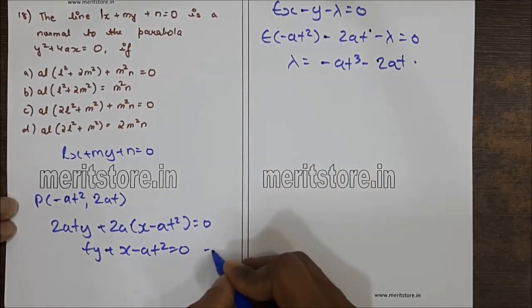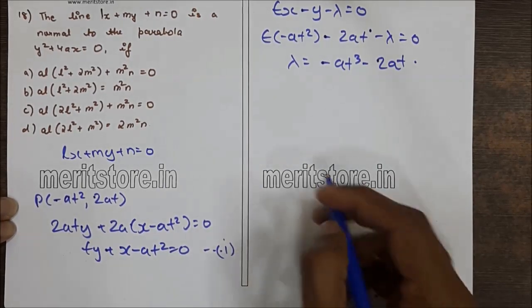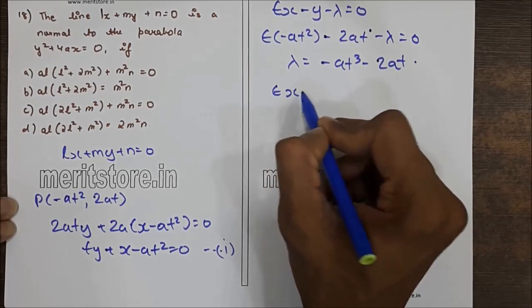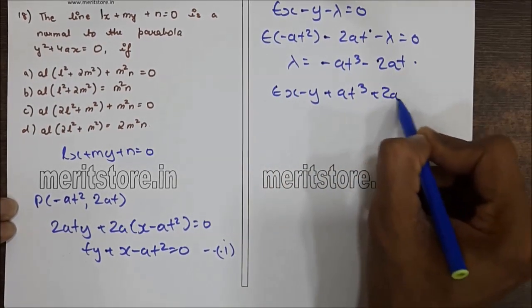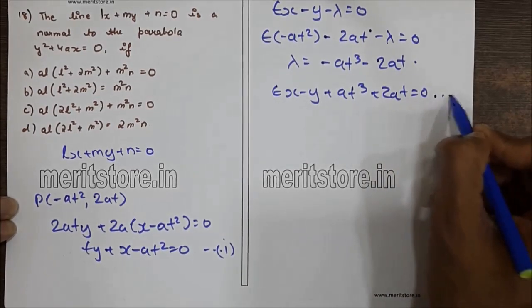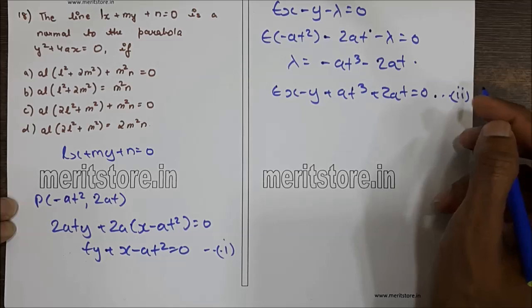Let this be equation 1, and the equation of normal is tx minus y plus at cube plus 2at equal to 0, which is equation 2. So equations 1 and 2 represent the same line.